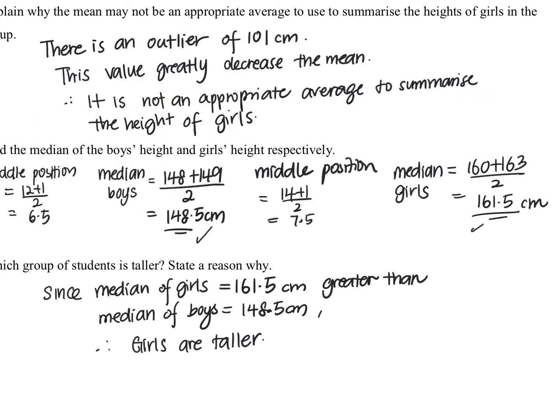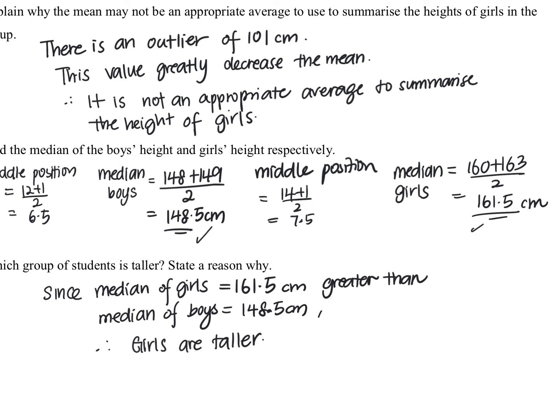Okay, with that, we've come to the end of this part of our lesson. So just to recap again, usually for measures of central tendency, the first best way to calculate is to use the mean, followed by the median, and last but not least, the mode.